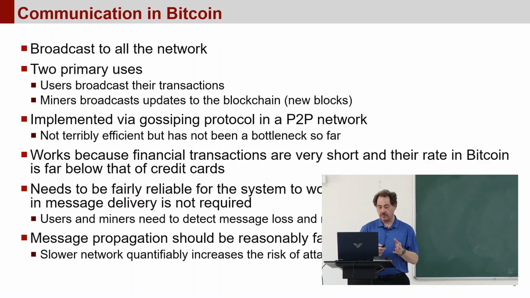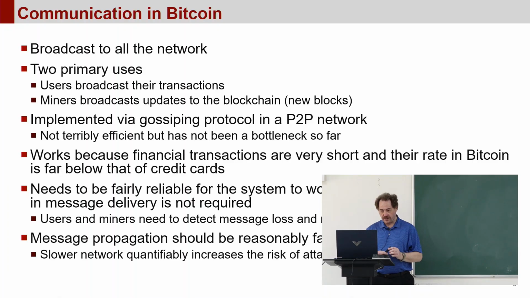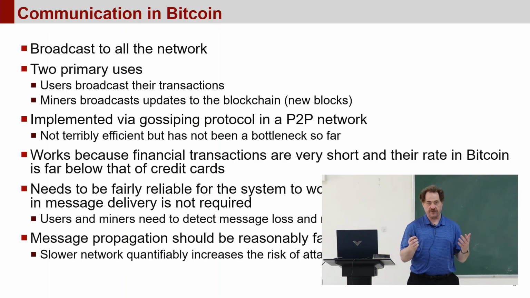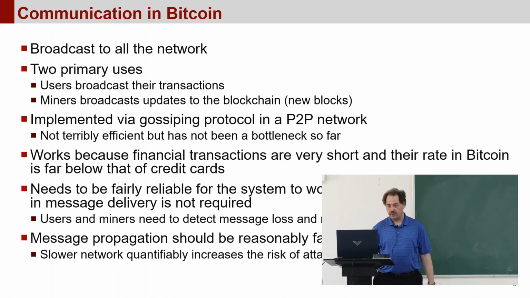The implementation of the broadcast needs to be fairly reliable for the system to work, but 100% reliability in message delivery is not guaranteed. And message propagation should be reasonably fast compared to the time to produce blocks. Why is it so important? Well, of course, you'll be able to get quicker confirmations for inclusion of transactions.